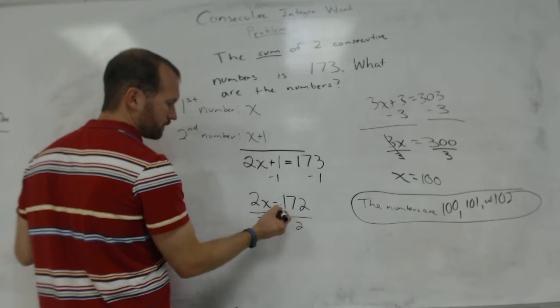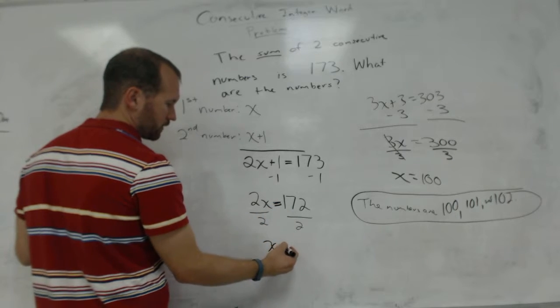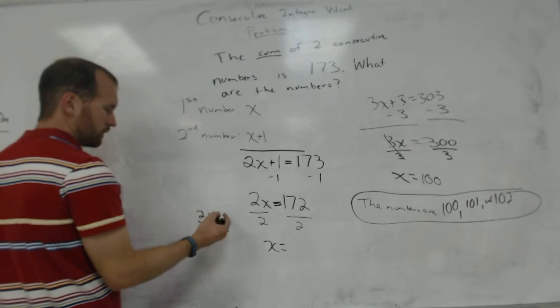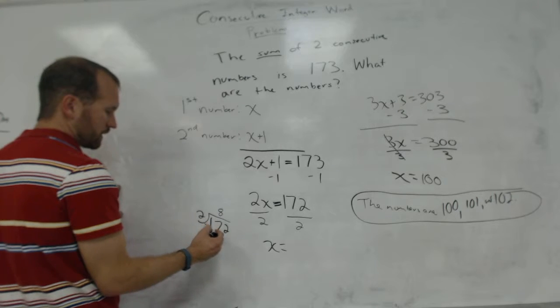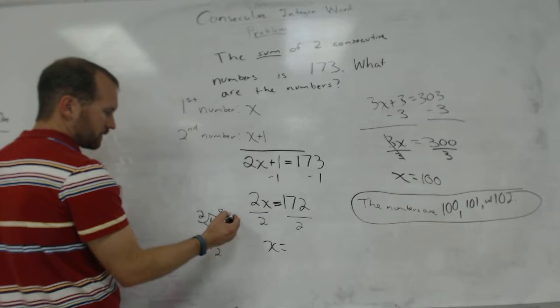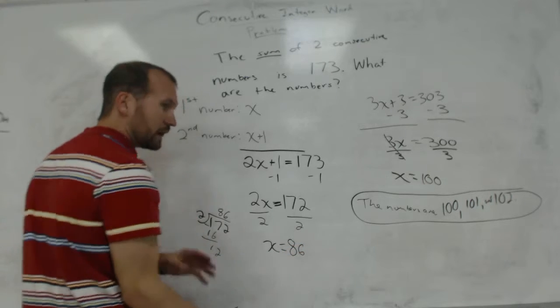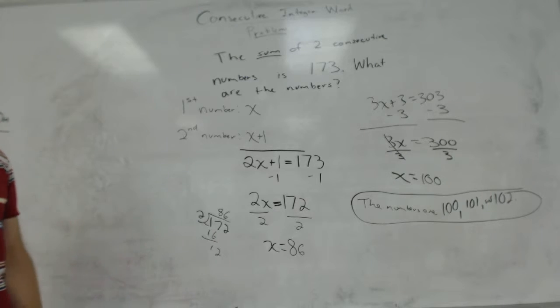And that gives you x equals 172 divided by 2. Let's see, 2 goes into 17 8 times. 3 times 8 is 16. Goes into 12 6 times. 86. Am I done? I found what x equals. No, you have to find the second number.